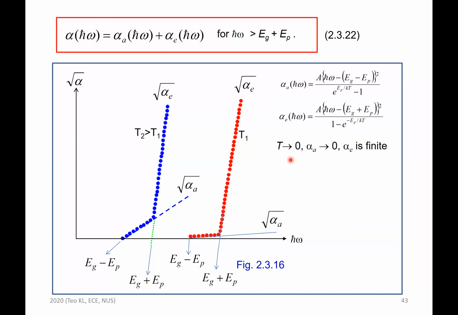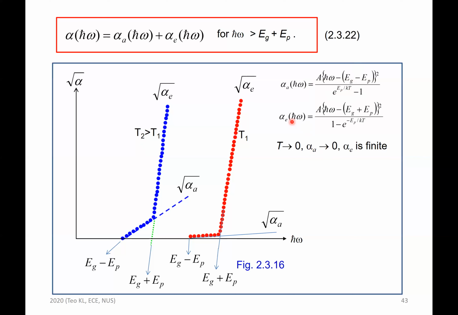If you look at the absorption curve for the absorption of phonon, imagine your temperature T is very small, let's say tends to 0. So 1 over 0 is infinity. Infinity minus 1 is still infinity. 1 over infinity, your absorption coefficient due to absorption of phonon is very small, or tends to 0.